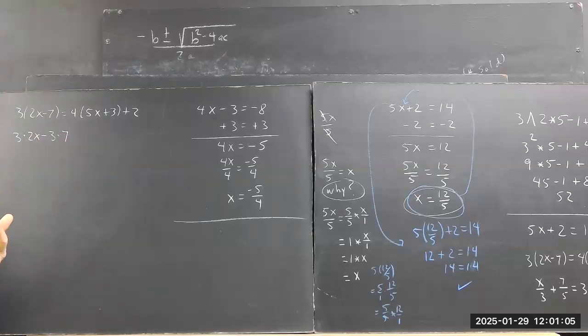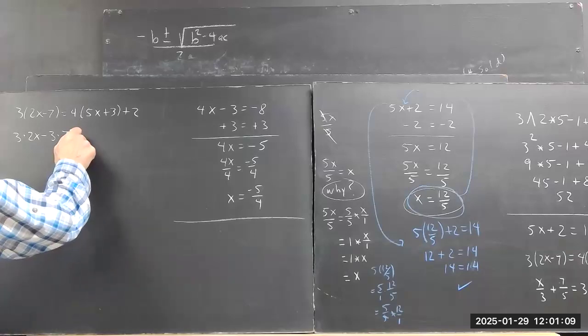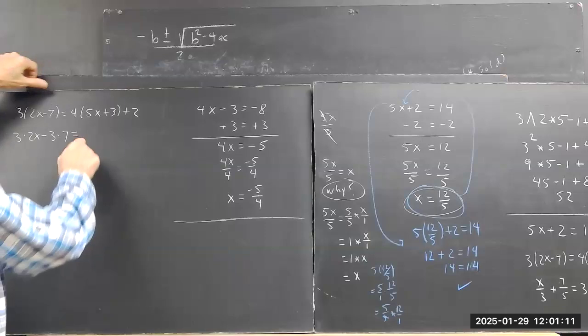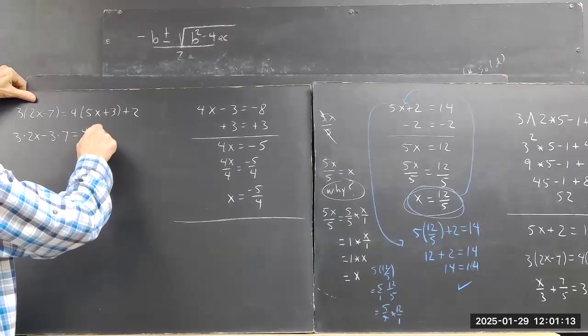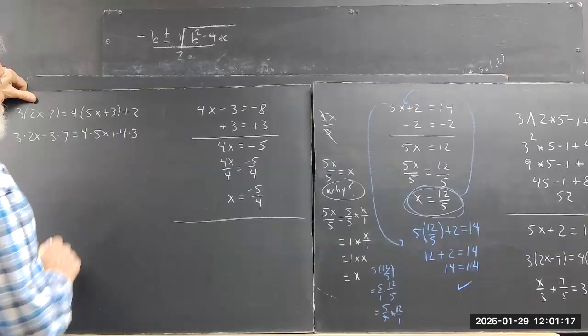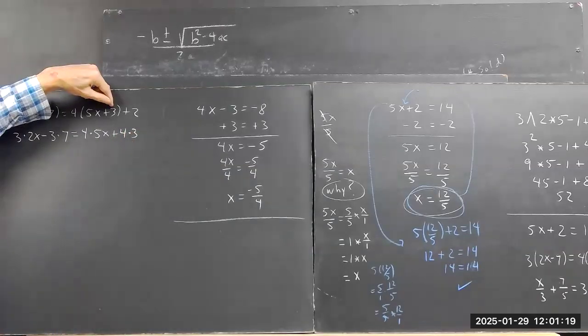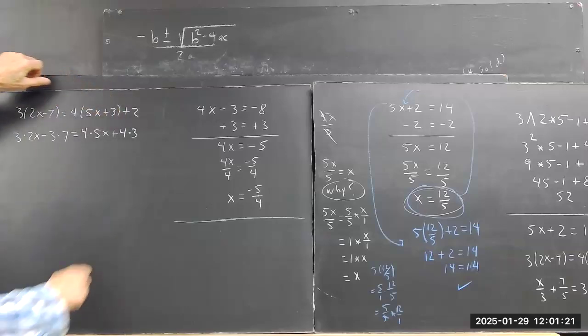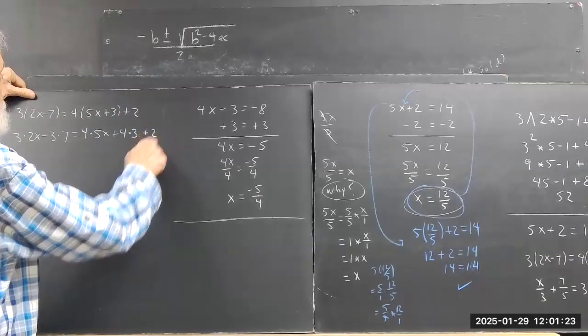That makes sense? And then you've got to do 4 times 5x and 4 times 3. So there it is, 4 times 5x, 4 times 3, plus 2.